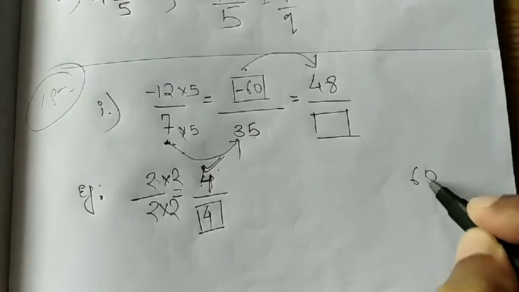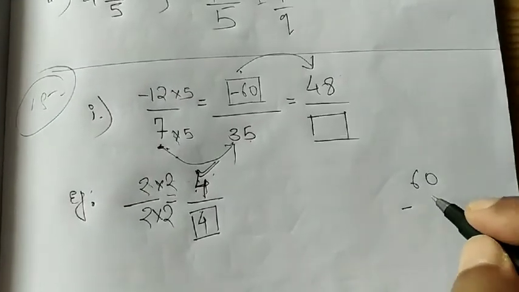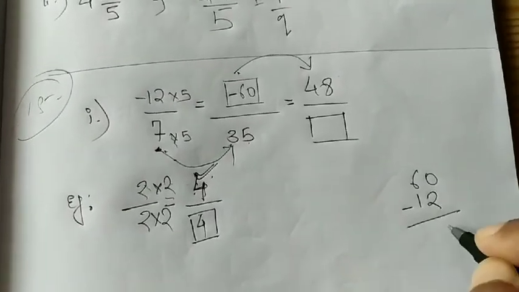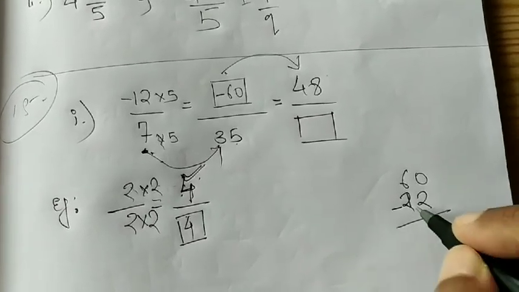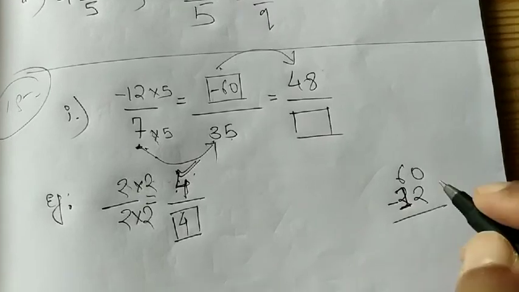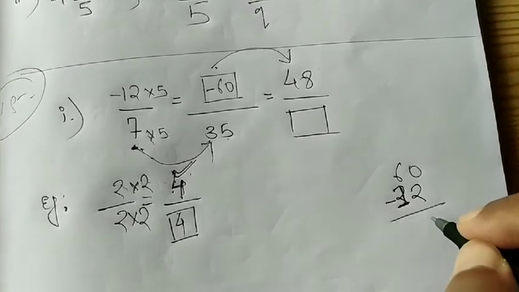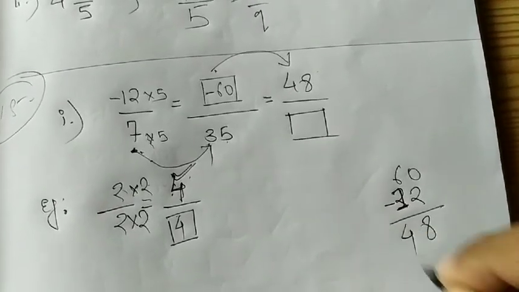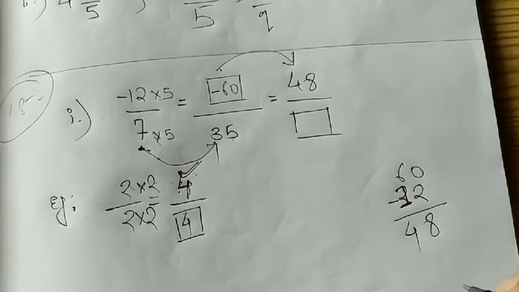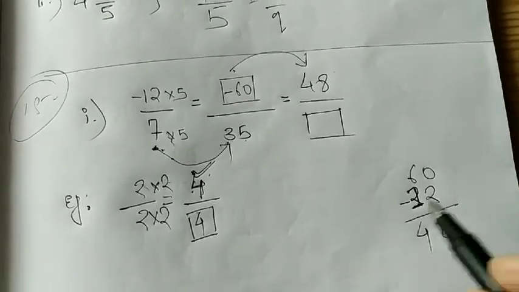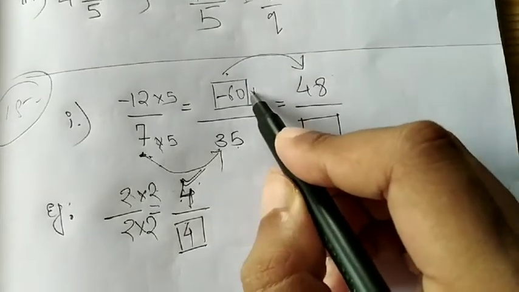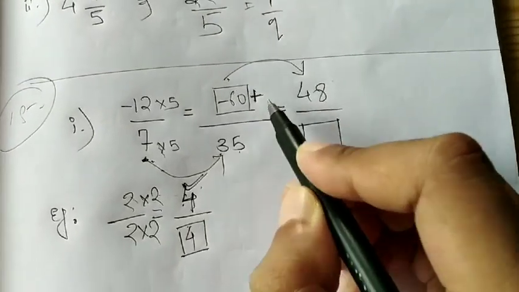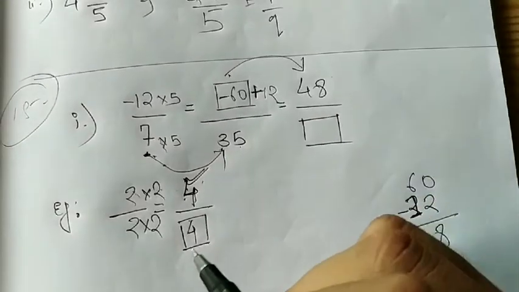Now 60 minus how much? 60 minus 12, sorry, 12. My bad. 12 is 48. Okay, but since there is a negative sign here, we have to add a positive sign in order to subtract 12 from 60.